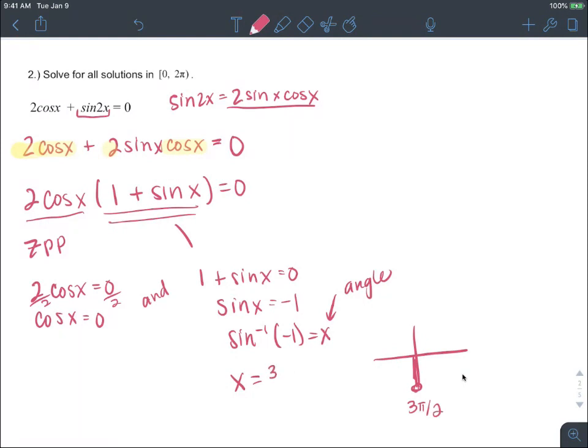So when x is equal to 3 pi over 2. When is cosine equal to 0? So it's the horizontal here and here. So x is pi over 2 and 3 pi over 2.